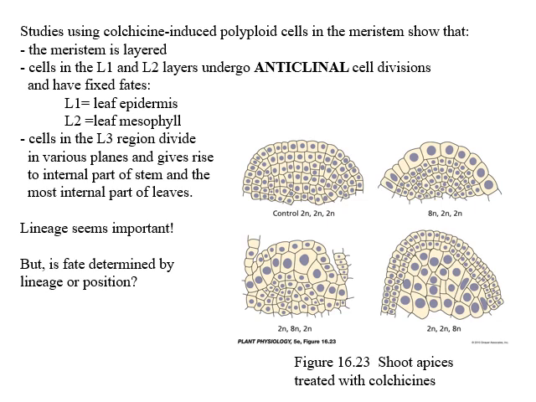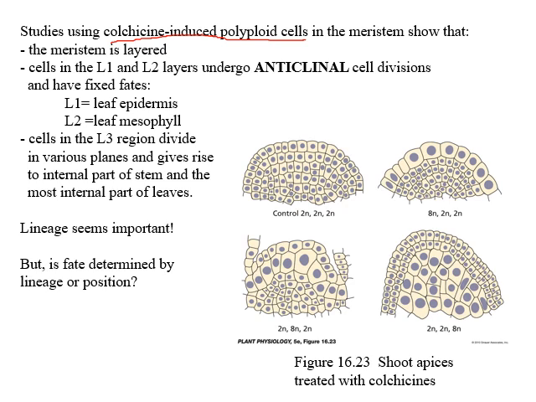So here is some old experimental evidence that is still highly relevant, and it's based on using colchicine-induced polyploid cells. So colchicine is a drug that prevents cell division, but replication of chromosomes can still happen.